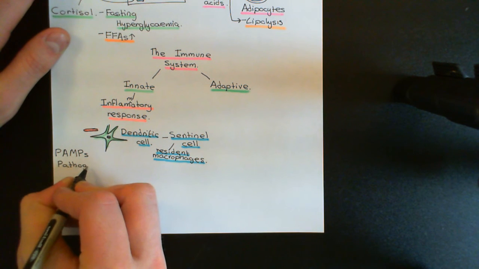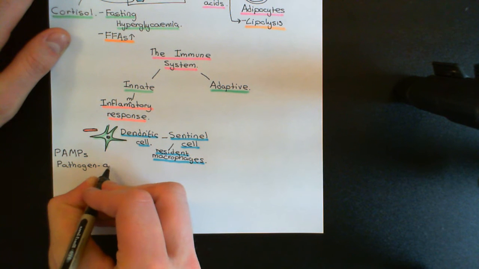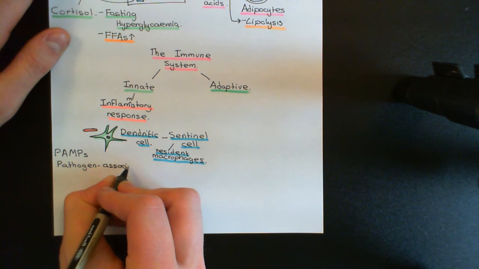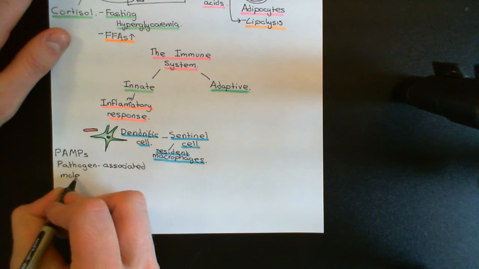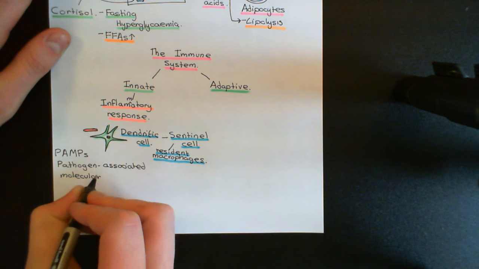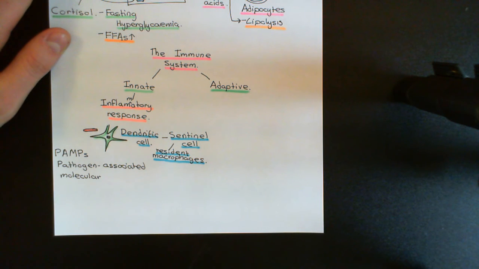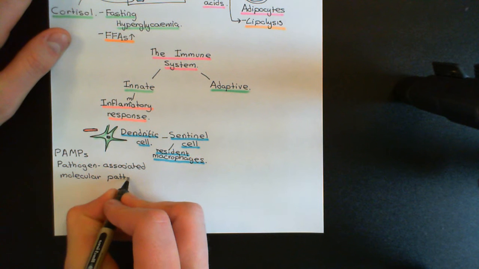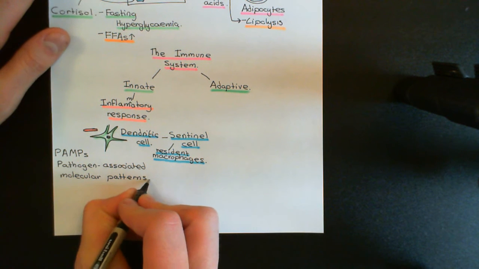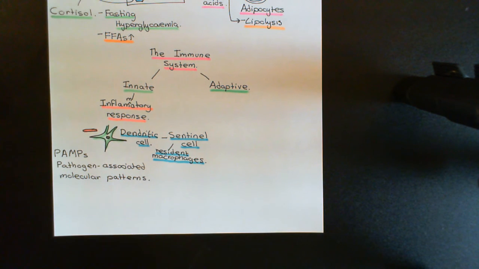So the first P is for pathogen, the A is for associated, and the MP is for molecular patterns. So pathogens can have molecules which would never ever be produced by human cells, and therefore these can be used by the sentinel cells as the giveaway sign that a pathogen is present, and these are collectively known by this umbrella term, pathogen-associated molecular patterns.